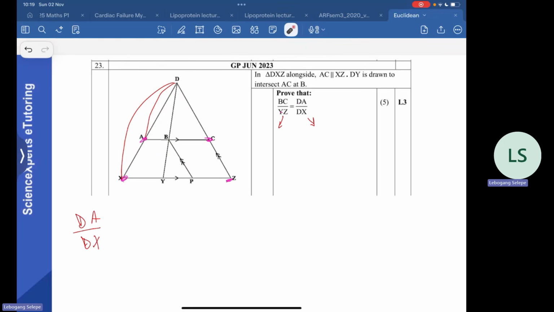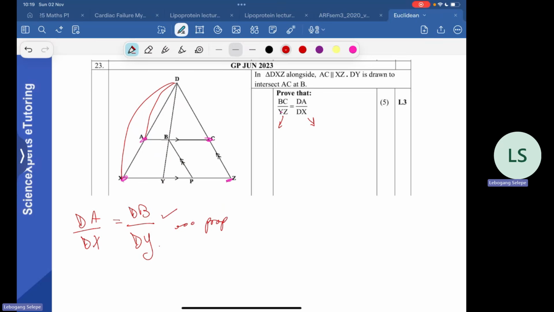The short line over the long line would also be equal to the short line over the long line, which is going to be DB over DY. So now we can see that DA over DX is equal to this. Our reason is the proportionality theorem.